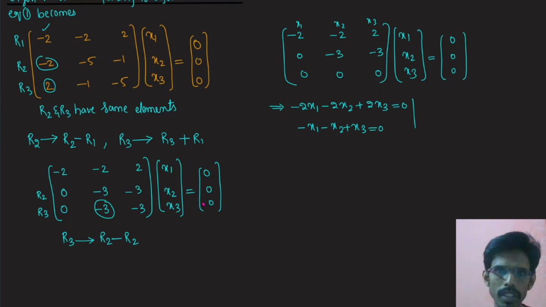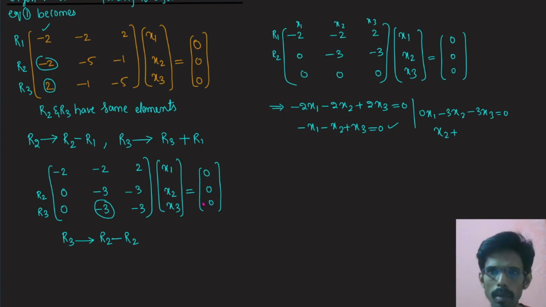Now row 2 will give us 0x1 minus 3x2 minus 3x3 equal to 0. If I take minus 3 common, we have x2 plus x3 equal to 0.